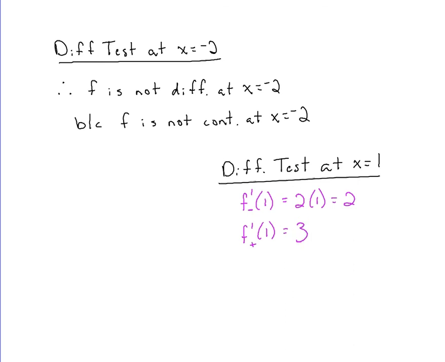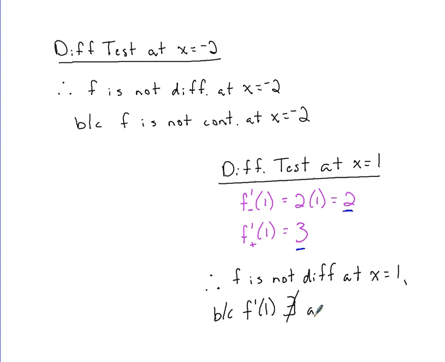What happens here is I get 2 different values. So once again, kind of connecting the limits, right? If it's limits, that stuff doesn't exist. Here, derivative doesn't exist. So the conclusion we draw is f is not differentiable at x equals 1 because f prime of 1 does not exist.